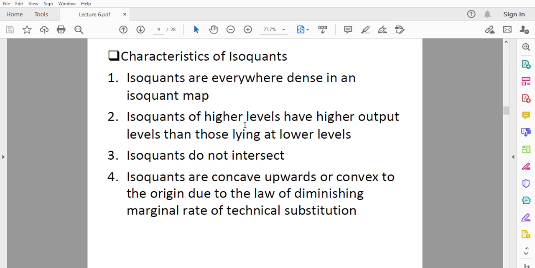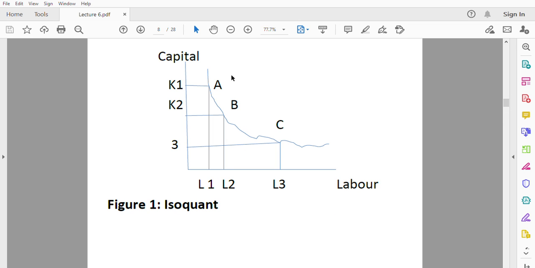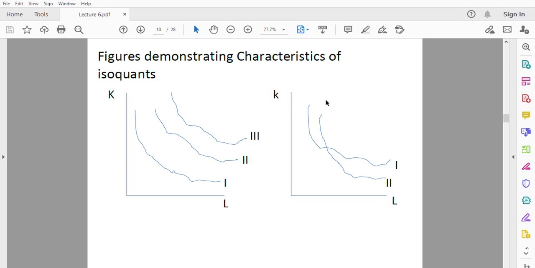The third is that isoquants do not intersect. We'll look at a typical example. Why? If isoquants intersect, just look at this. If this isoquant intersects this one, at this point this is higher than this, so we should consider this isoquant as a higher level of output than this. But it intersects and it becomes lower.